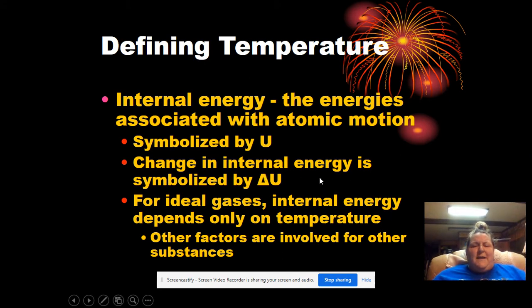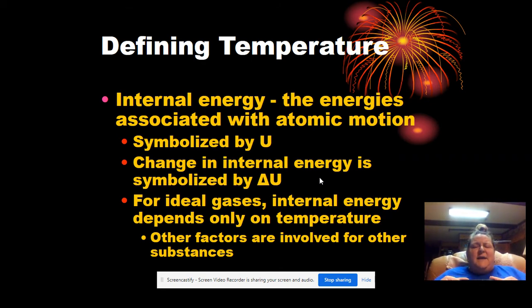So for ideal gases, because nothing's holding down the particles, the internal energy is solely based on the temperature. The warmer it is, the more they can move around. So that gas has an internal energy.